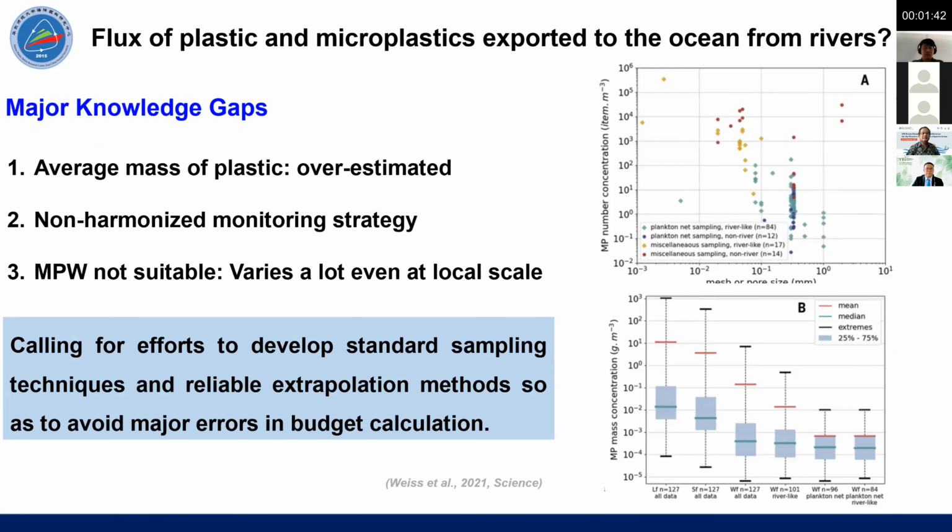For example, the RIMEL project asked the participants to go to some elevated positions, like in this photo. So there could be volunteers standing by the bridge, and they can monitor the plastic or the different types of litter going downstream along the river.